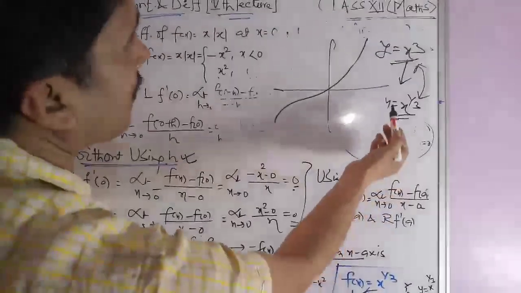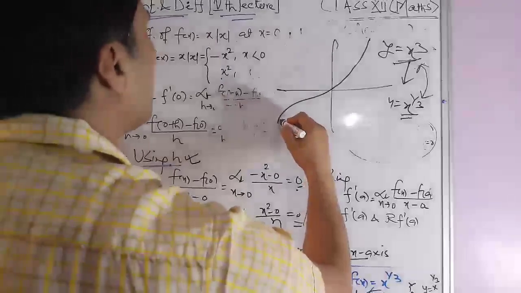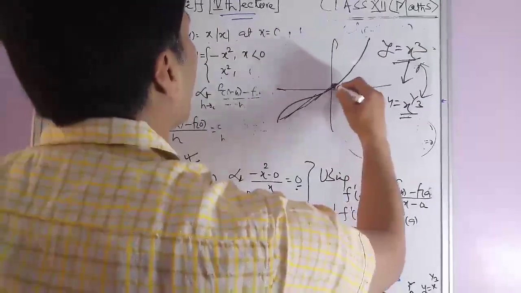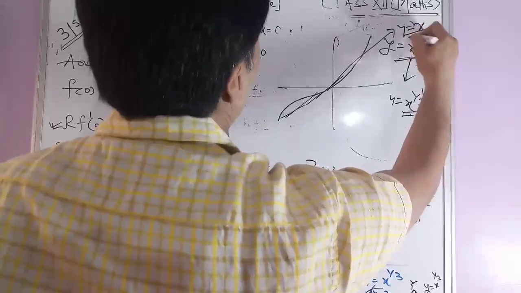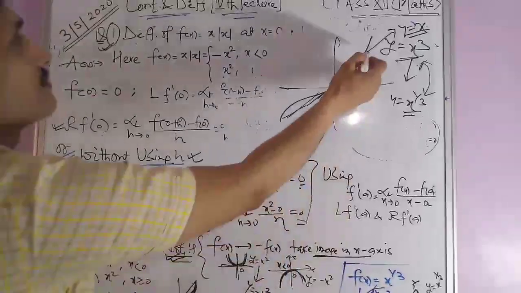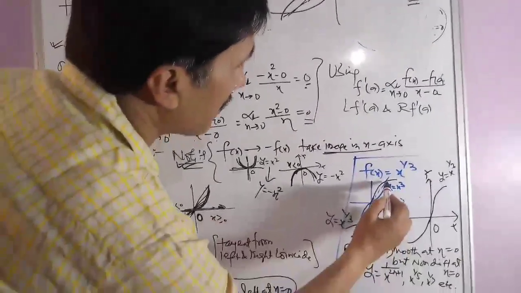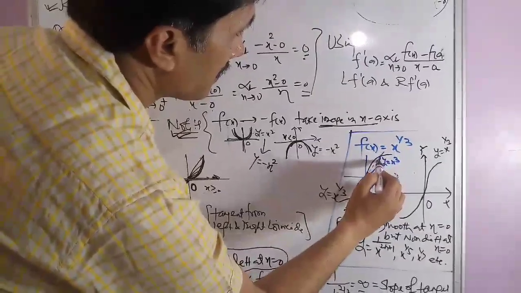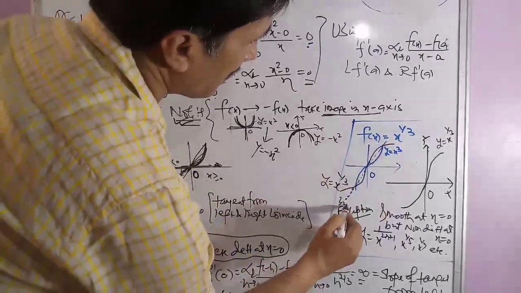To draw the graph of x to the power 1 by 3 from x cube, we take the image of graph y equal to x cube in the line y equal to x. Here is the graph of y equal to x cube, this curve, and this is the line y equal to x.